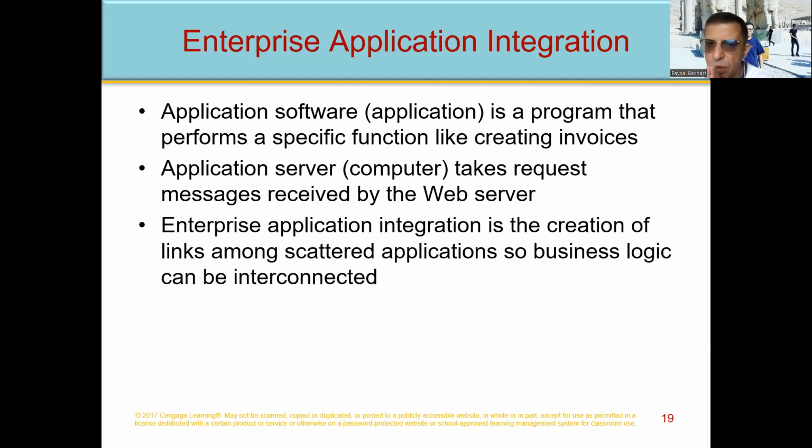The application software is a program that performs a specific function like creating an invoice. And then you have application servers, like a computer that takes the request message received by the web server, for example. And then you have enterprise application integration, which is the creation of links among scattered applications, so the business logic can be interconnected.